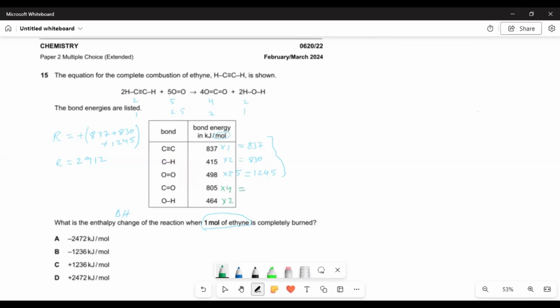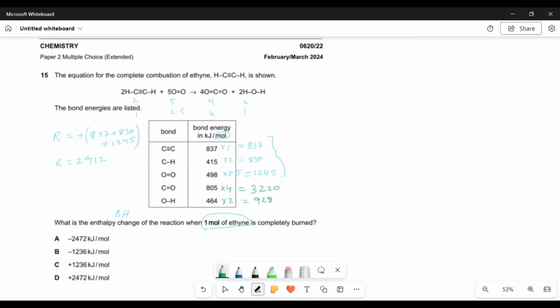It is 8 for the 24. Sorry, 8 for the 32. And 4 5 is the 20. 3220. And for this, better to use calculator. So it is 928.